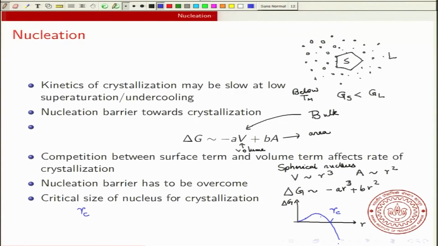So initially, until this critical nucleus is formed, your rate of crystallization is very slow, and once you form this critical nucleus, then the rate of crystallization is fast. And this is something that you have seen in some of your chemistry labs, that initially the crystallization is very slow. Sometimes you shake it or you stir it, and then the crystallization becomes fast.